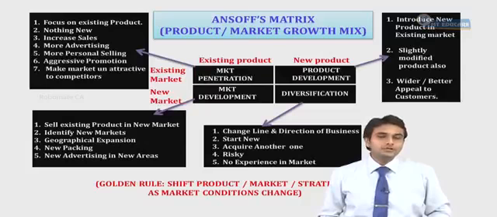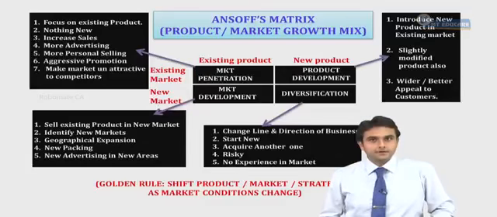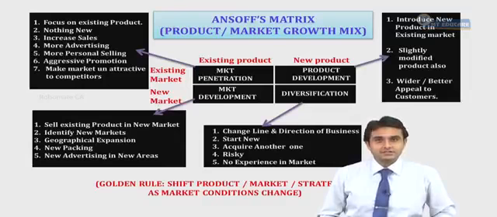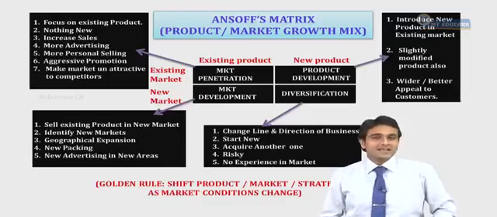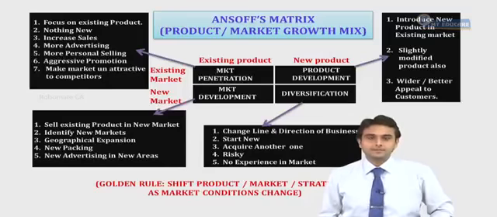The third approach in the Igor Ansoff matrix is called market development, which means I need to sell my existing products in a new market. Now, one nice example we can take here is Micromax selling 14 of its different handsets in Russia.